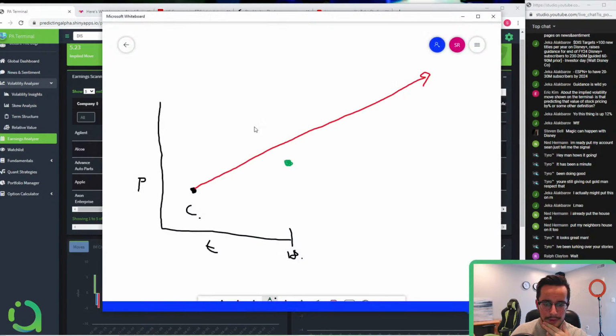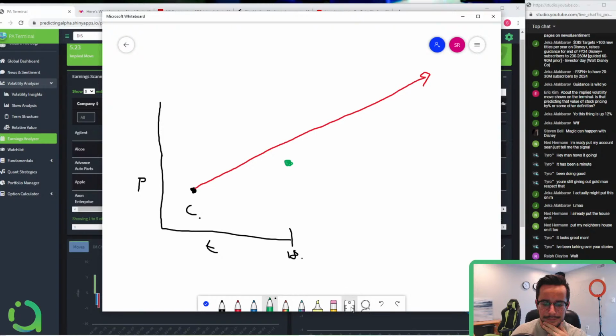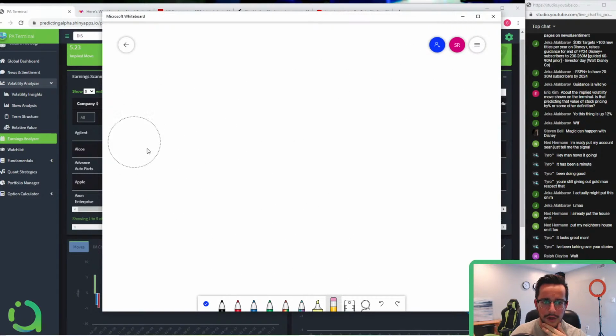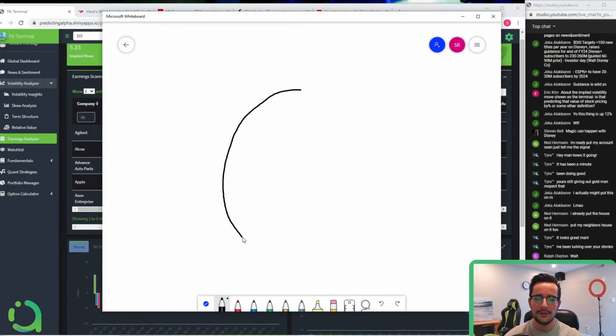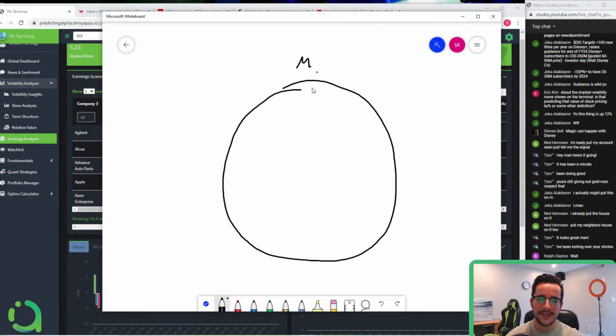So let's open up the whiteboard again. To understand this, we need to go over one concept first, which I call the 3 circles of volatility. There are 3 forms of volatility that impact any given stock. The first circle is called market volatility.